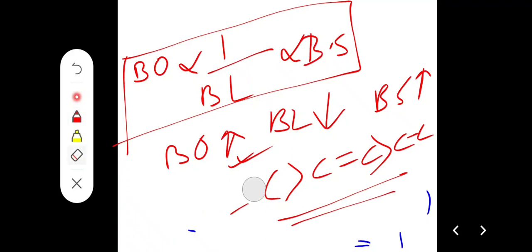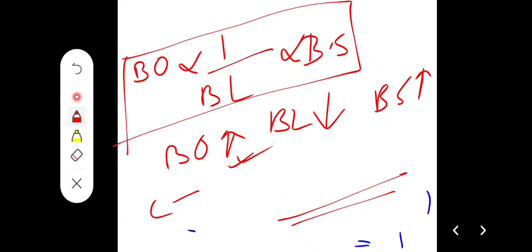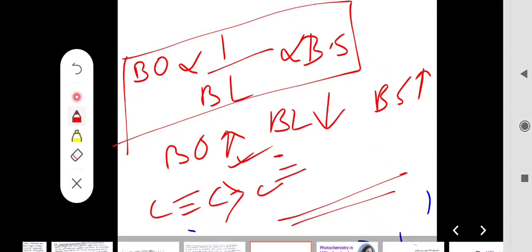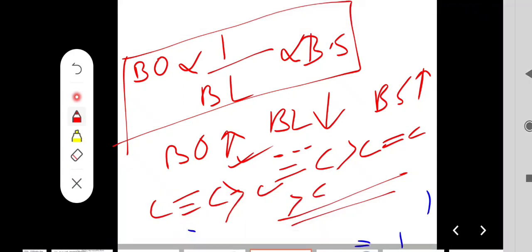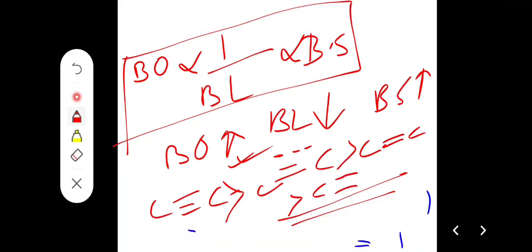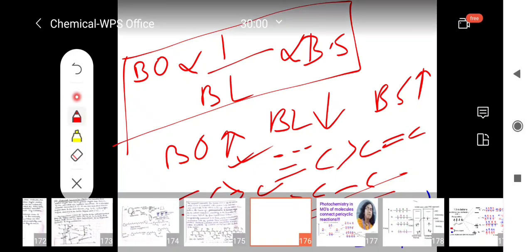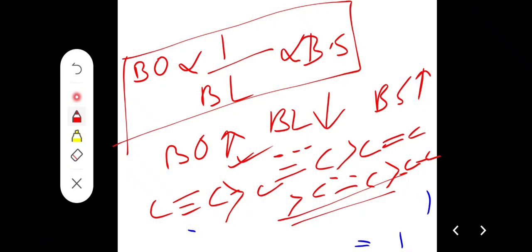This is the bond strength order. Bond length is also inversely proportional to bond strength. When bond strength increases, bond length definitely decreases.